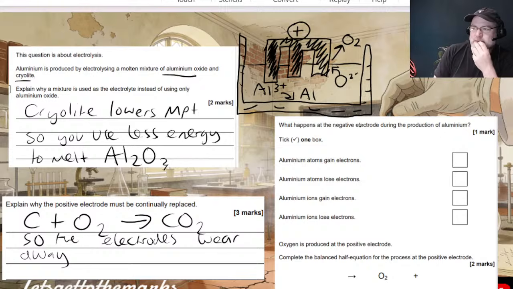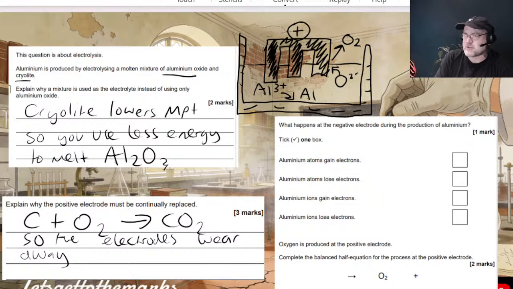Now, what happens at the negative electrode? What reaction is going on here with Al3 plus to aluminium? Does aluminium gain electrons, lose electrons? So it is reduction. Yeah, it does gain electrons. But is it ions or atoms?